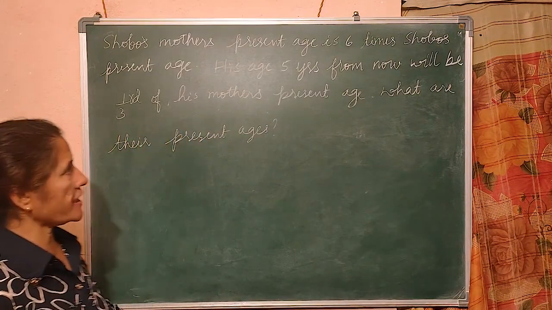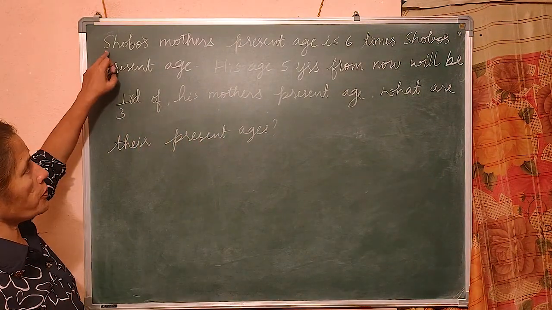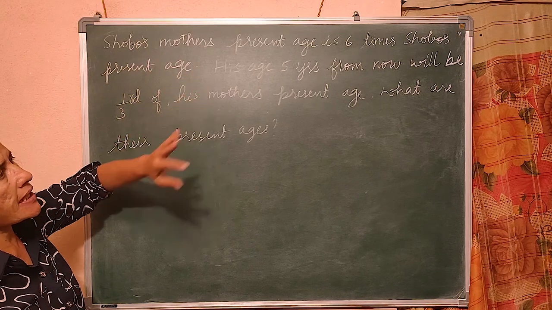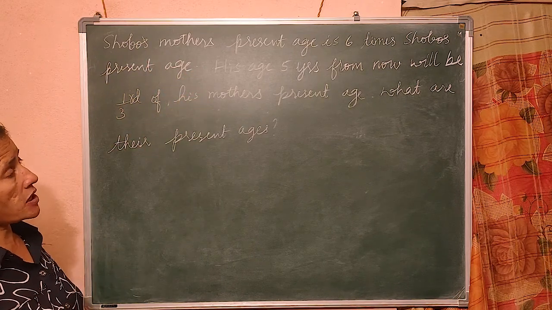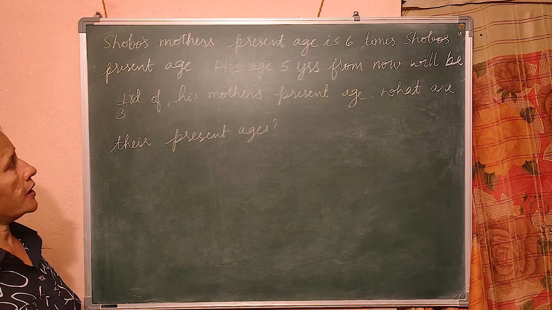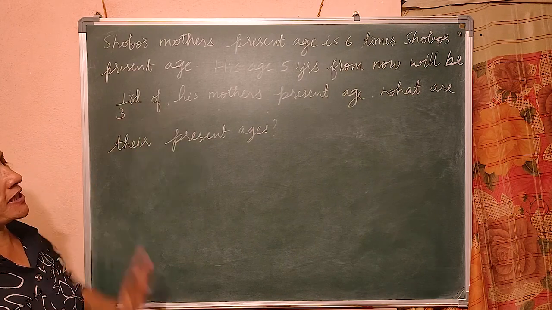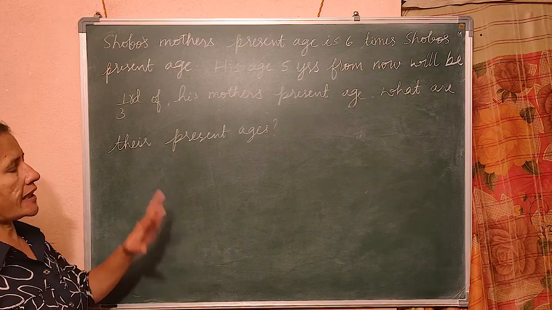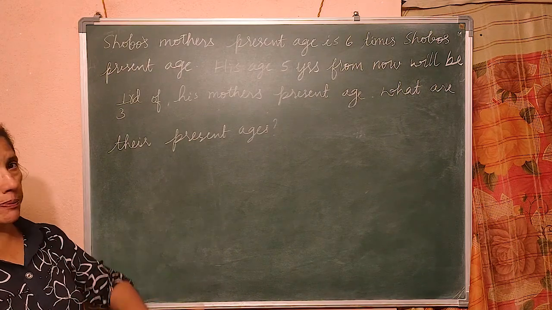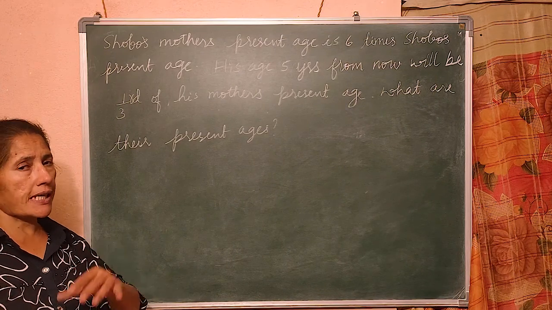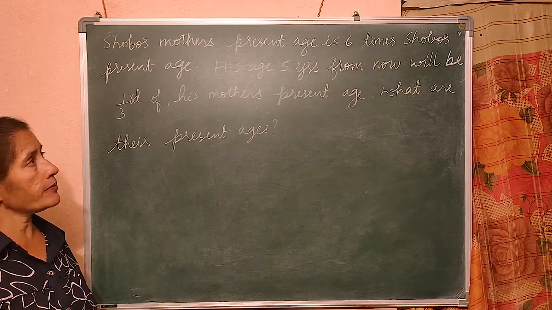The next question is like this. Shobo's mother's present age is 6 times Shobo's present age. His age 5 years from now will be 1/3 of his mother's present age. What are their present ages? So, there are two persons, son and mother, right?